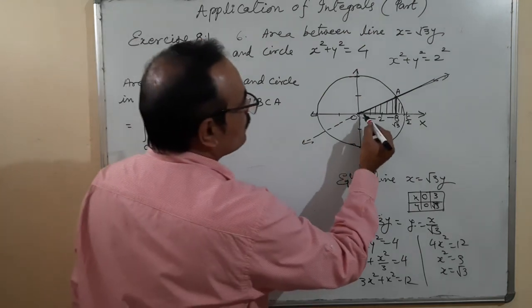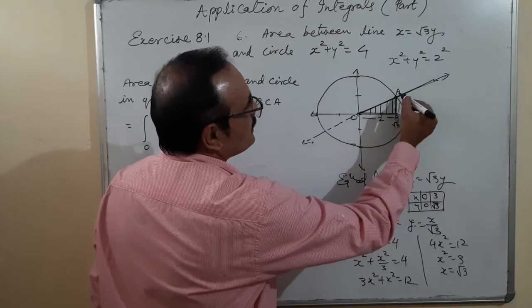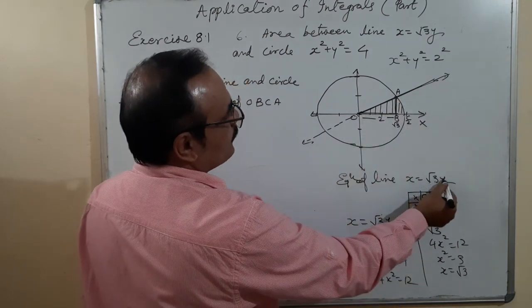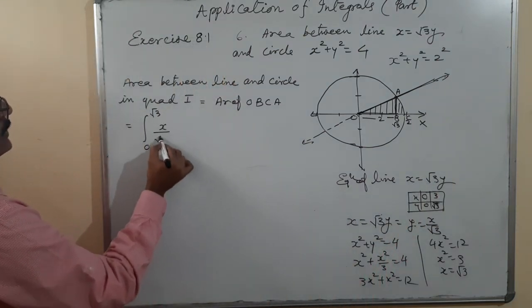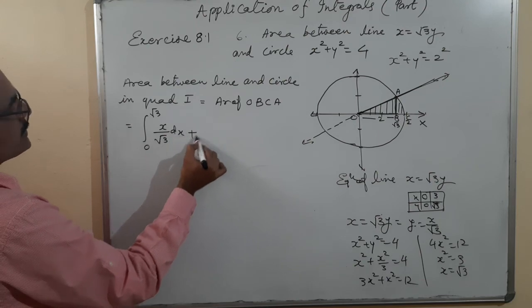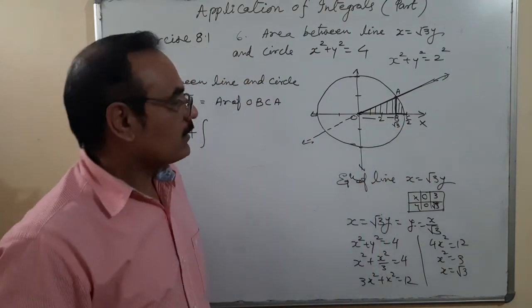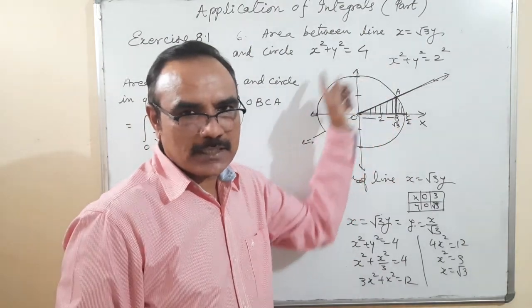This area is bounded by the line x is equal to root 3 y. Therefore, y is equal to x upon root 3, integral of x upon root 3 dx, plus this portion from here to here. Its lower limit is root 3 and upper limit is 2, because the radius of the circle is 2.